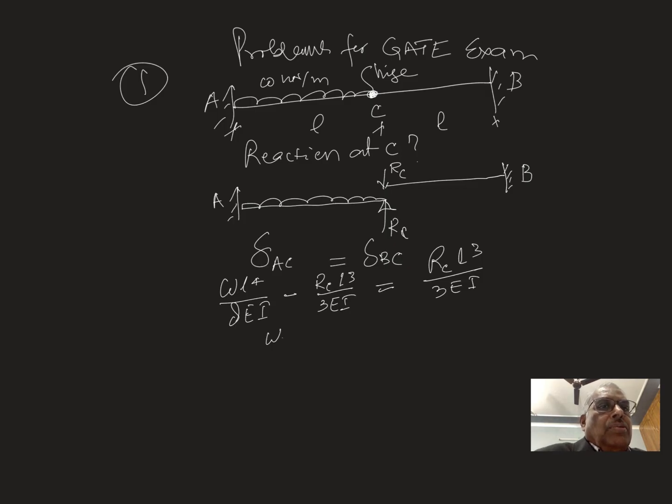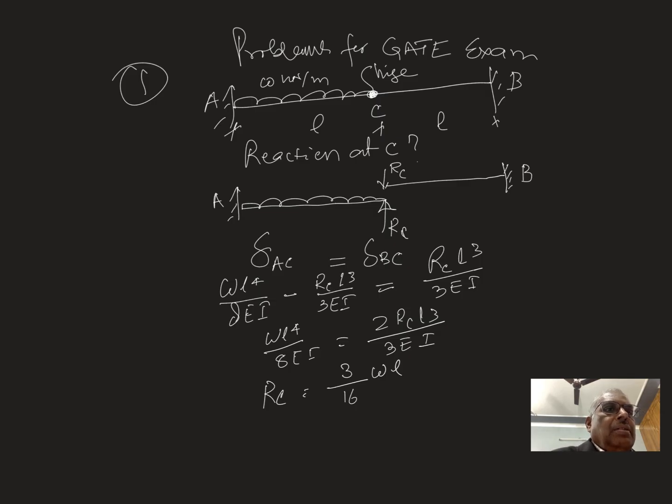So WL^4 upon 8EI is equal to RC L^3 upon 3EI. So RC is how much? 3 by 8 WL. So this is the reaction. This way you can find out the reaction at support C.